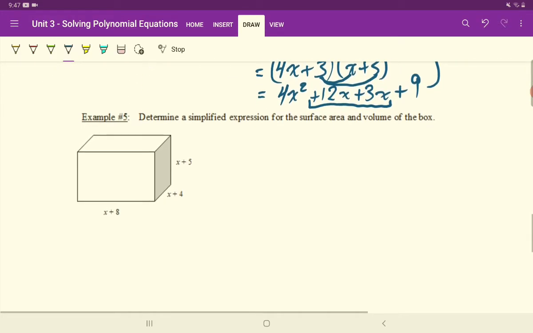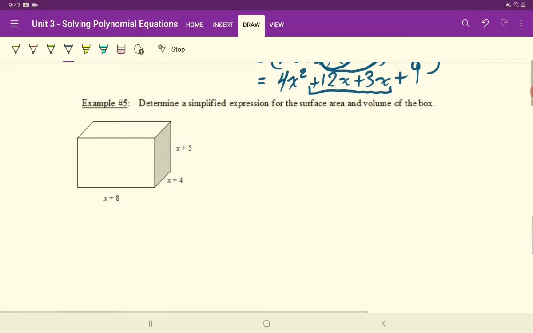All right, let's move on to our final question. It says, determine a simplified expression for the surface area and volume of the box. So we need the formula for surface area, as well as for volume. Let's start with surface area. It's quite a long formula.